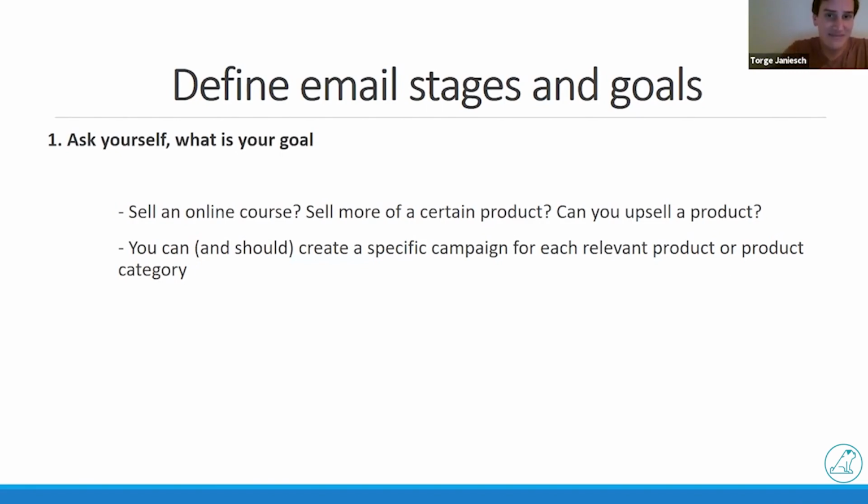And for everything you want to sell, everything you want to have a spotlight on in your online shop, or if you're a trainer or a coach who wants to sell some courses or some teachings outside of the online world, you can, and actually you should, create a specific campaign for each relevant product or product category that you have.